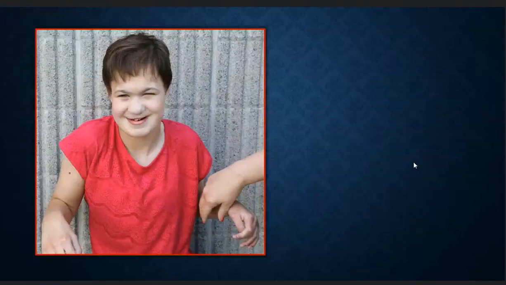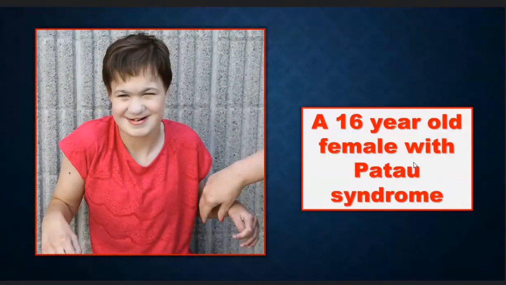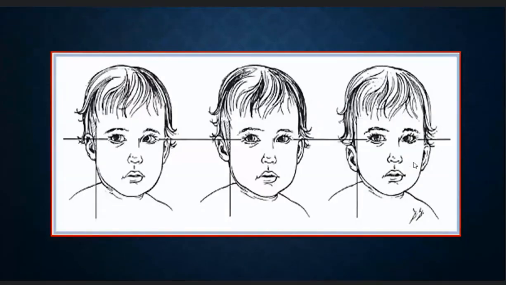Of course, she has the mildest form to survive, and she underwent reconstructive surgeries. But of course, she has mental retardation. Now we are out of the chromosomal abnormalities, and we will go on and talk about dysmorphism or dysmorphology.